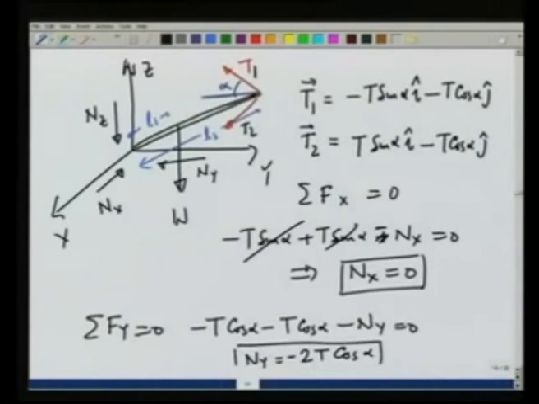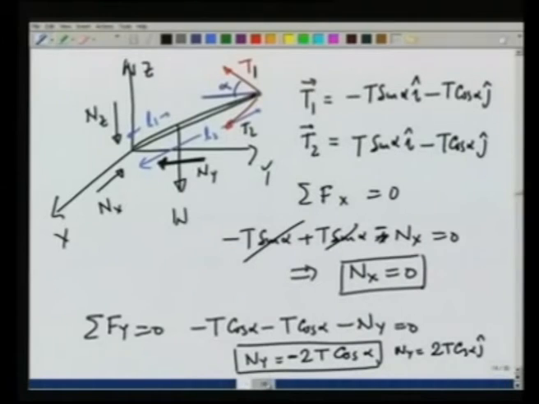So, Ny has a magnitude of 2T cosine alpha, and the negative sign in front indicates that it is in the direction opposite to what has been shown in the figure here, going towards the origin. So, Ny is actually 2T cosine alpha j.